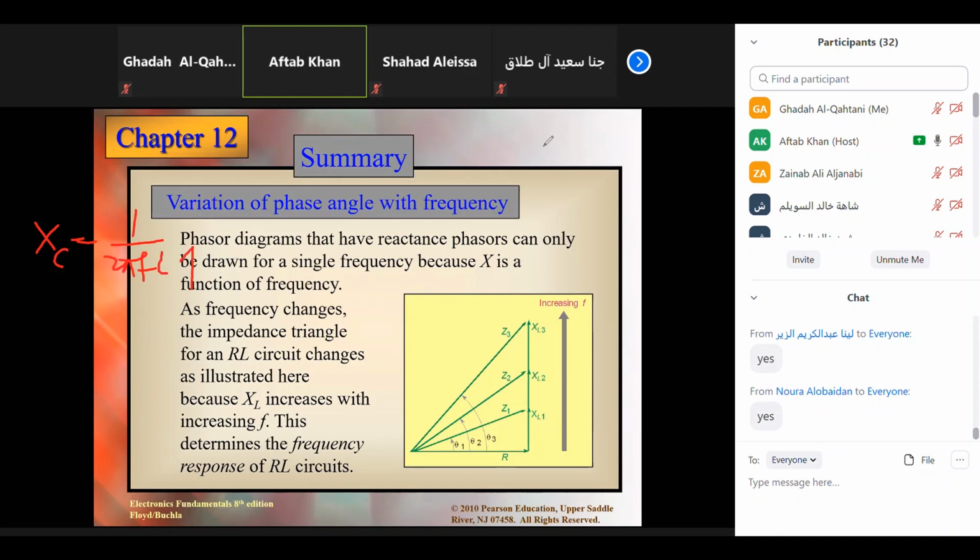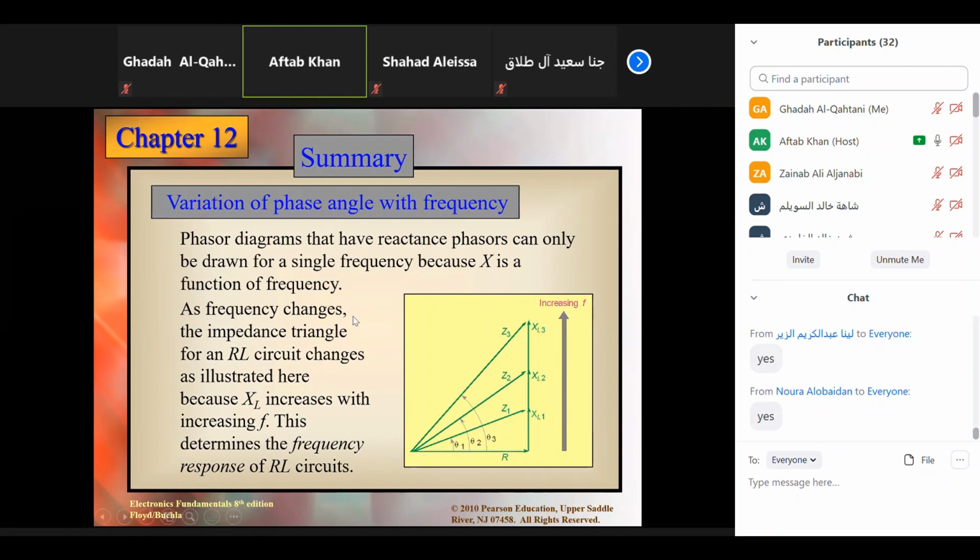As I told you, if frequency increases, this is going to decrease. Yes, that was the opposite. By increasing the frequency, all the factors were decreasing there, but here all the parameters are increasing. So it is opposite. All right, you can make a note here: this is the opposite in case of the RC circuit.